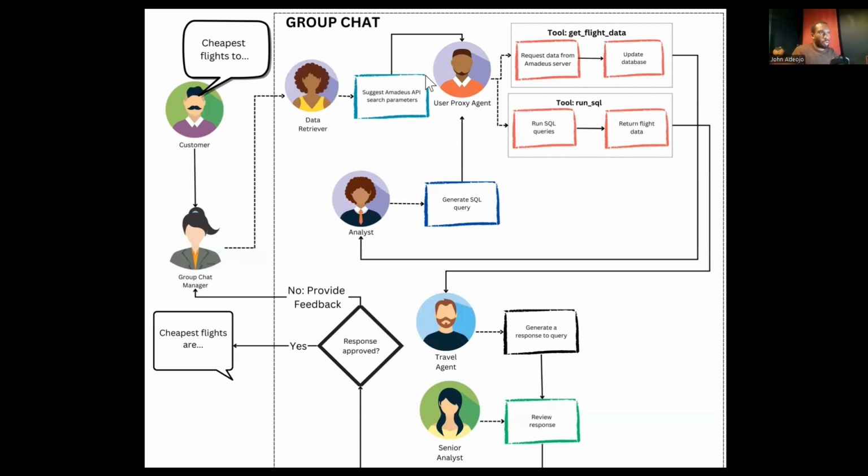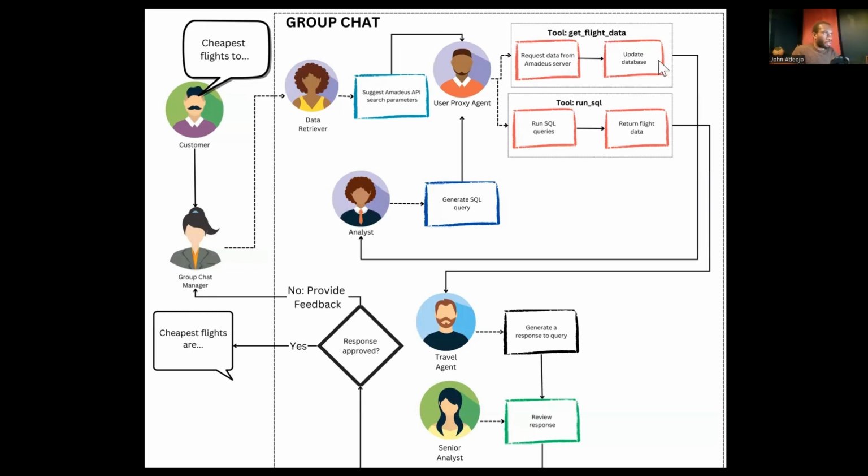It will take the request sent by the data retriever. So it will take the parameter suggestions sent by the data retriever and use those with the get flight data function. And what that will do is it will send a request to Amadeus and then update the database. And I already showed you how that works previously.